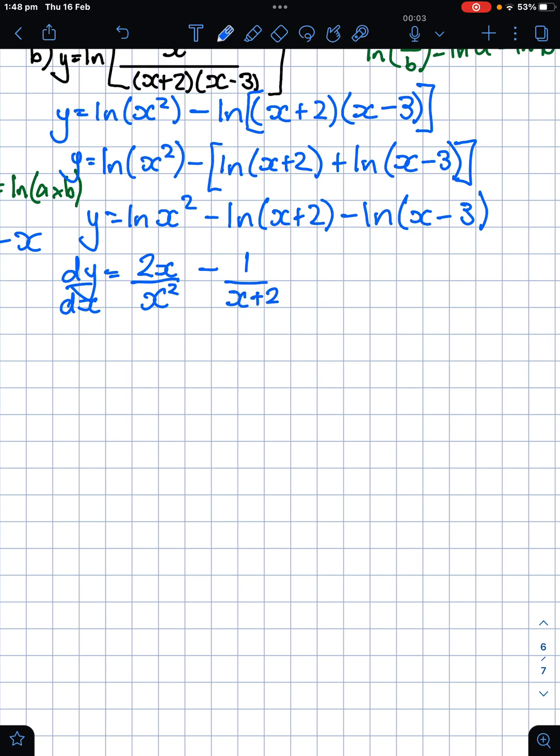And then our final one here is minus 1 over x take 3. Now we would quickly cancel out this x and this x here. So our final expression for our derivative is dy/dx equals 2 over x minus 1 over x plus 2 minus 1 over x minus 3. All right, thanks, guys.